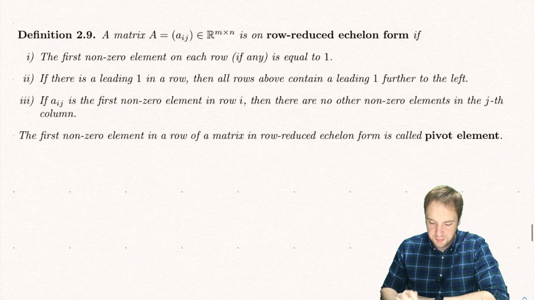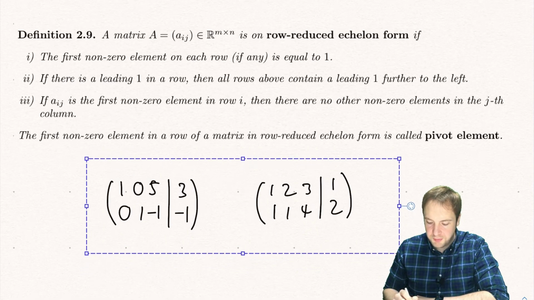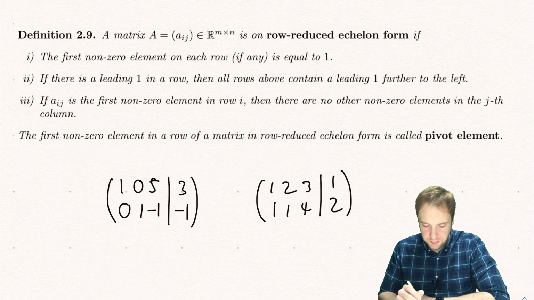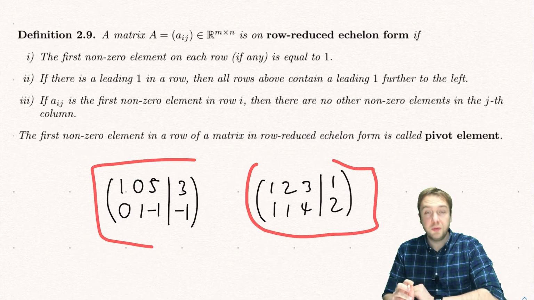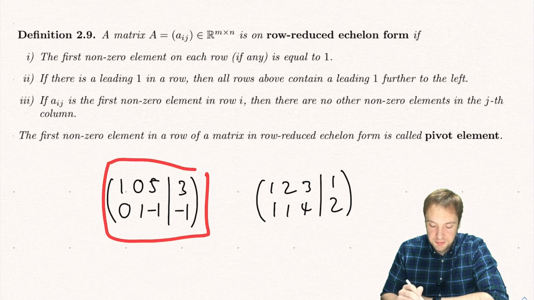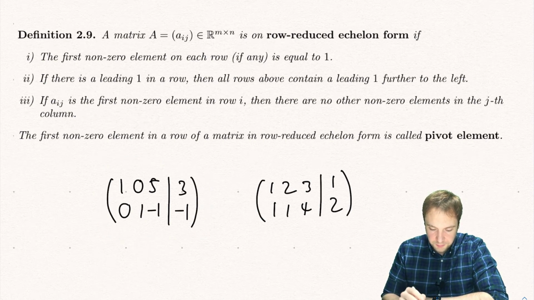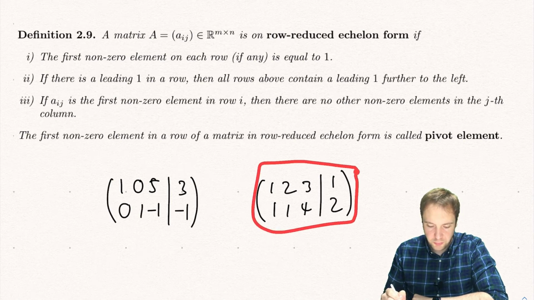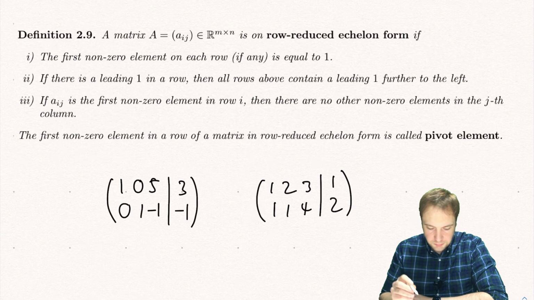So here we have two matrices. These are both 2 by 4 matrices. And this matrix here is in row-reduced echelon form. It satisfies this condition. But for example, this here is not in row-reduced echelon form.